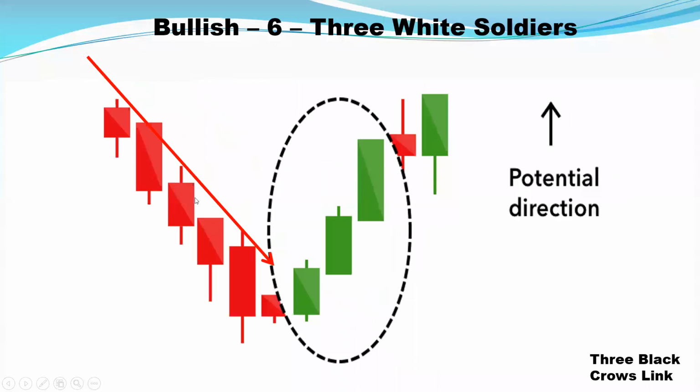Three white soldiers. Same thing, it came down. A basing candle was formed, small one. After that, 3 consecutive days, I am getting a positive big green candle. So it is like marching soldiers.